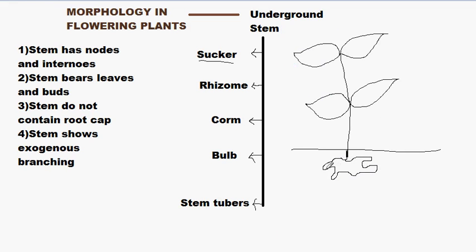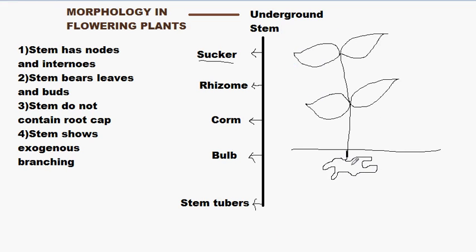Alright, so this structure will store the food, and this is the food storage area or the sink, where the food will be made in the leaves, and it will be transported through the phloem into this underground stem. But another main feature of this underground stem is that it will be perennial.